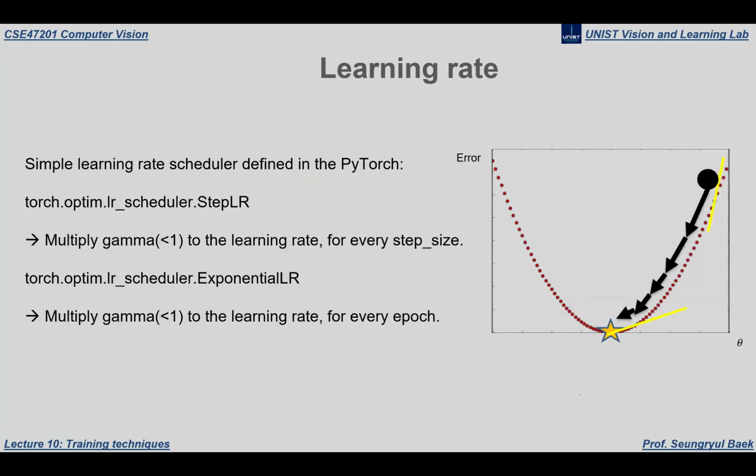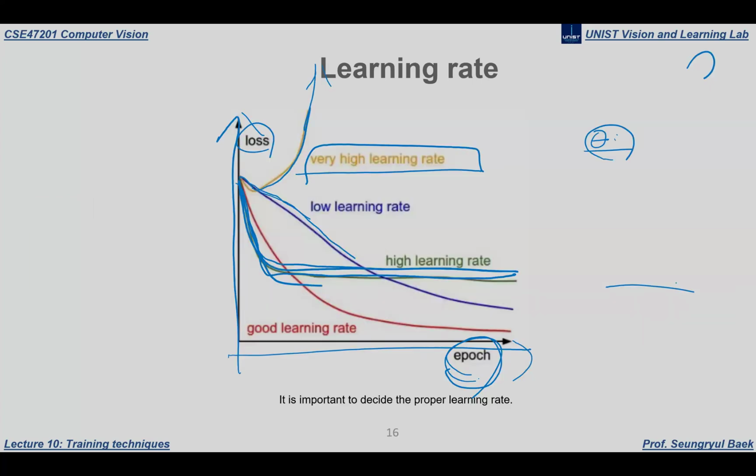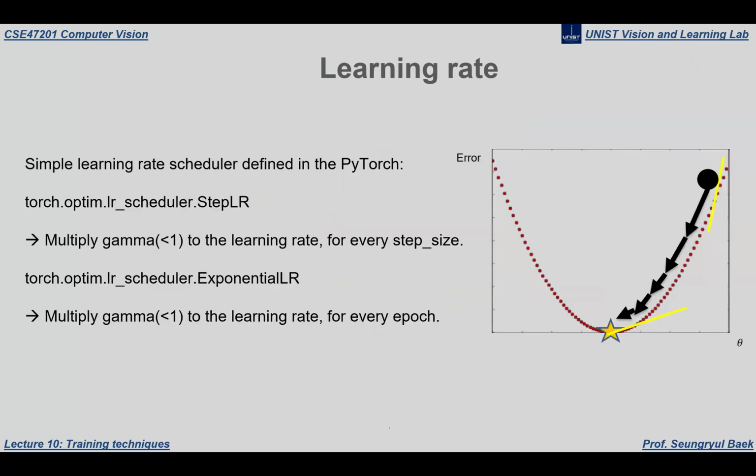So in overall training, normally we don't use a fixed learning rate. Instead, we schedule the learning rate. Normally at the early stage, we have a higher learning rate, higher epsilon values.